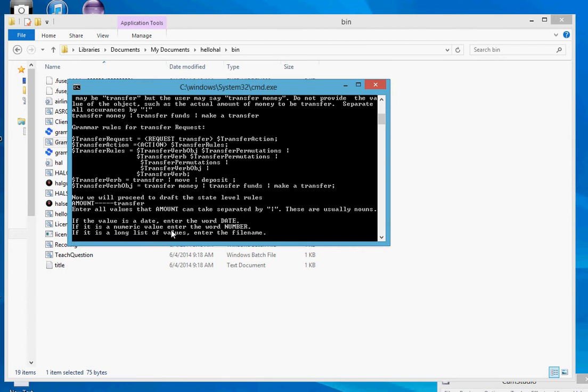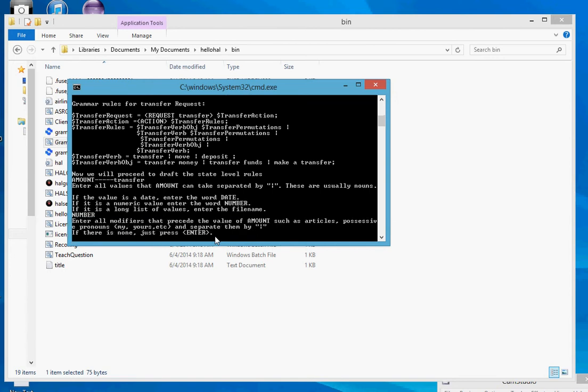And note that it's given us two different types. If it was, for example, the state type of chairs, we would provide here all the different types of chairs, but as terminal symbols. But we know that an amount is going to be a number, so let's just define it as number. And so the system will know that any number will fit into the concept of amount.